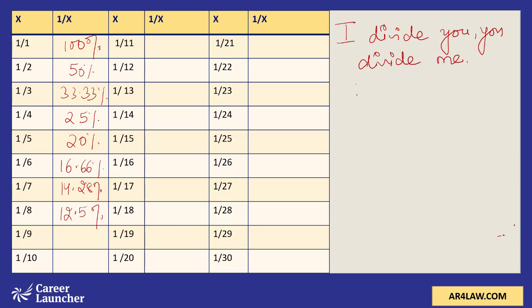Why? Because 1 by 9 is 11.11%, whereas 1 by 11 is 9.09%. So 11 के आंसर में हमें 9 मिल रहा है, 9 के आंसर में 11 मिल रहा है. That's why I'm saying we can remember 9 and 11 simply by I divide you, you divide me.